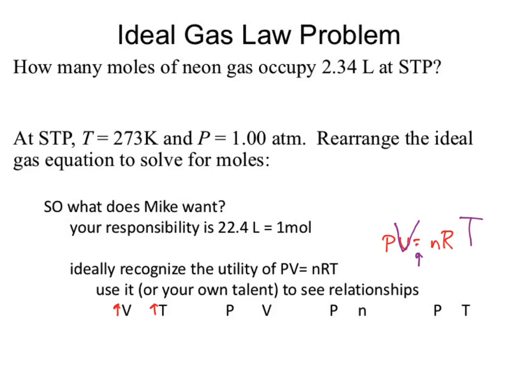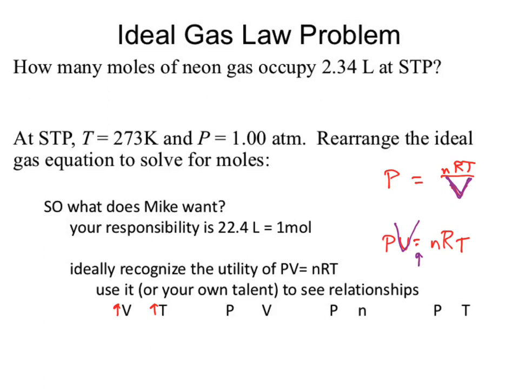So you can use PV=nRT to establish those relationships. Pressure and volume, what happens in that case? They're inversely related. And you might say, well, PV=nRT doesn't show that. Well, that's because we haven't rearranged it so that we can see that. If the volume gets bigger, the denominator gets bigger, which then means the other side has to get smaller.